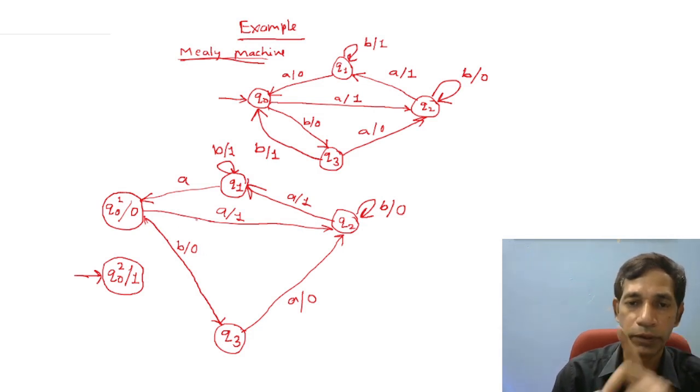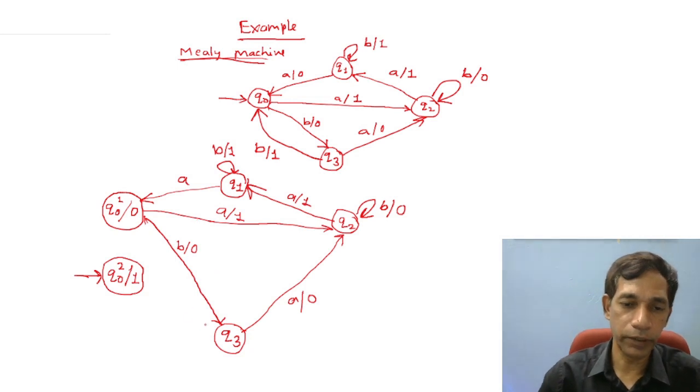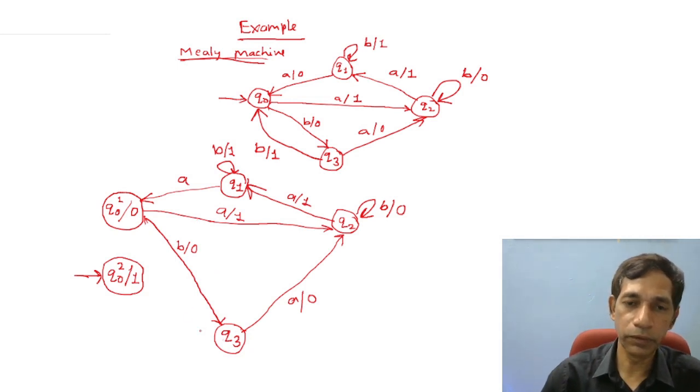Now one edge is going from Q3 to Q0, and for the B the output is 1. So we can join this incoming edge, so we will have from Q3 to Q0 the edge, and what is the label of this?